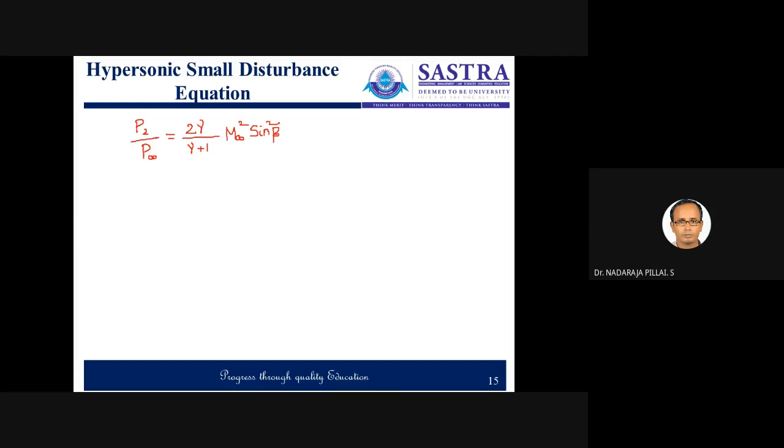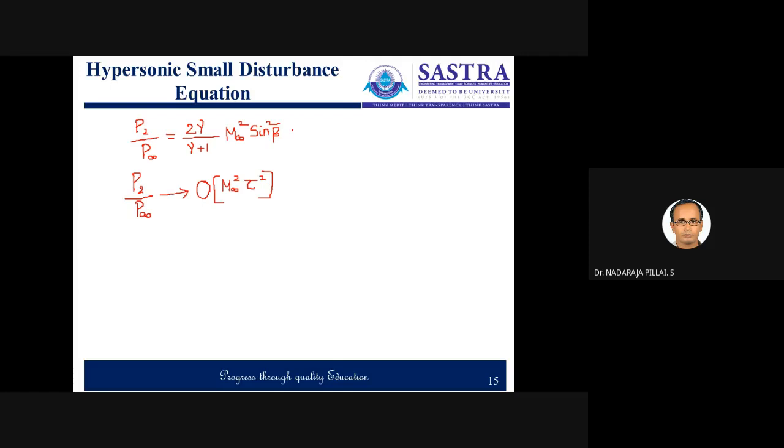So we already know a method called the order of magnitude method, right? So I can write the pressure ratio P2 by P infinity as of the order of M infinity square and tau square, right?